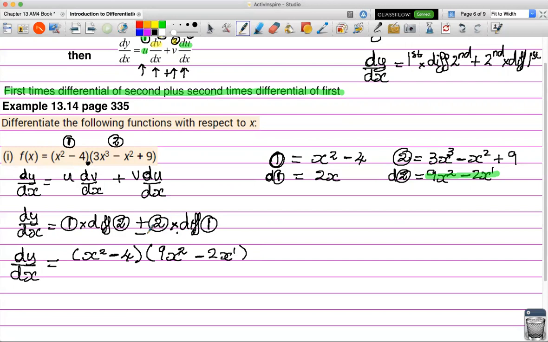Then the formula goes on to say plus, so there's a plus, and it's the second function, and the second function, don't forget we always substitute into brackets, is 3x cubed minus x squared plus 9 times, according to the formula, the differential of the first, and the differential of the first is 2x.